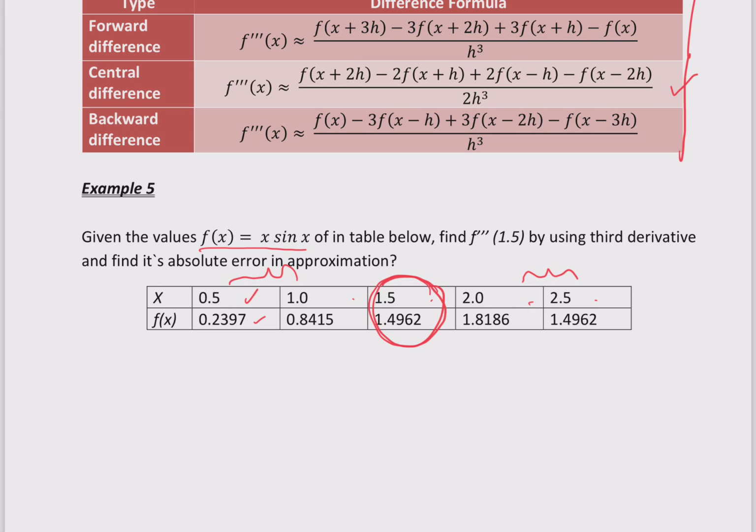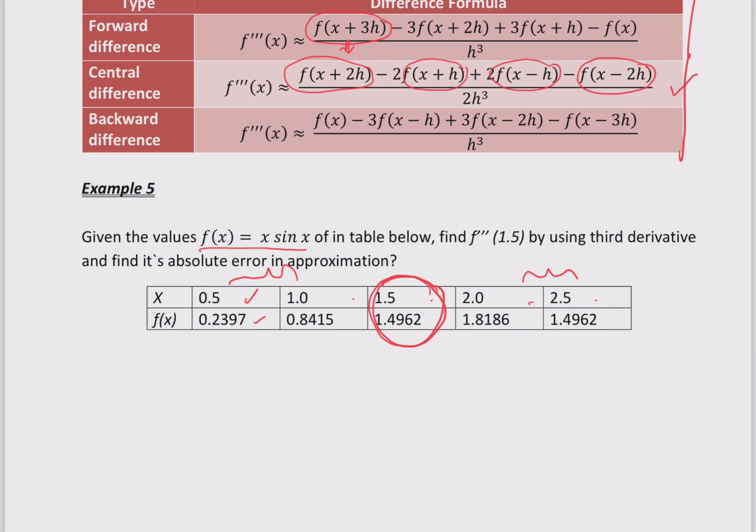And if you see all the formulas here, we need to have f(x3 plus h), meaning that we don't have this value, so we cannot use it. But for the central difference, here we have this and this, all the values are given for us.